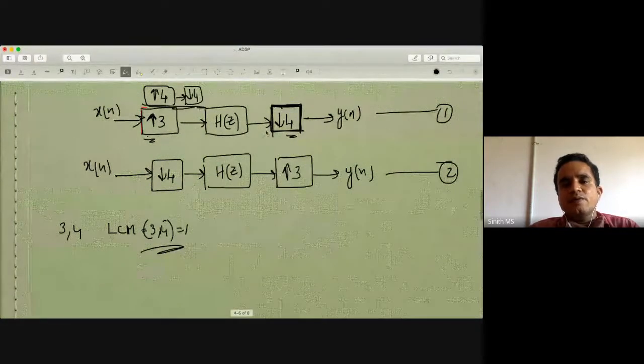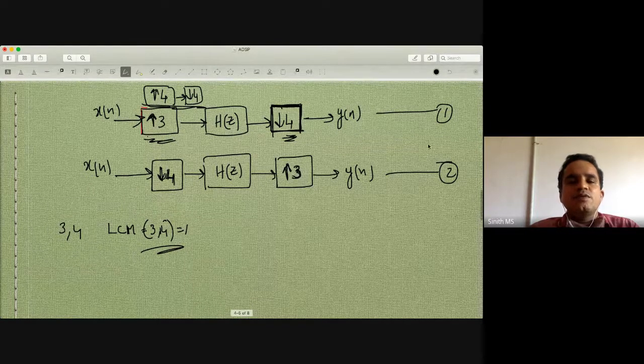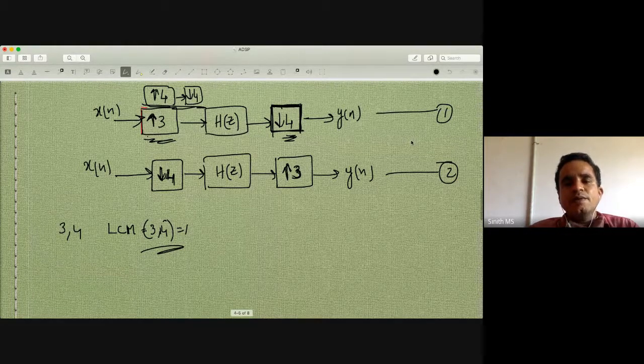But here 3 and 4 are prime to each other. So if you put 3 and 4 as upsampler and downsampler, it is the same as downsampling by a factor of 4 and afterwards putting an upsampling factor of 3. It doesn't make any difference. You can verify that.